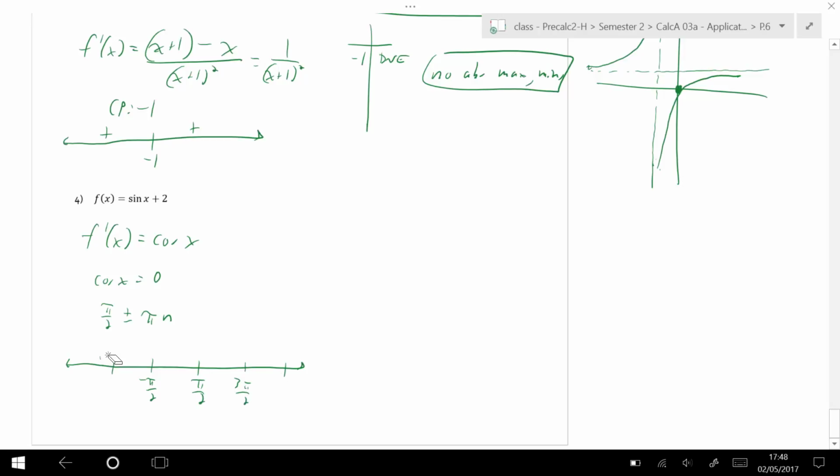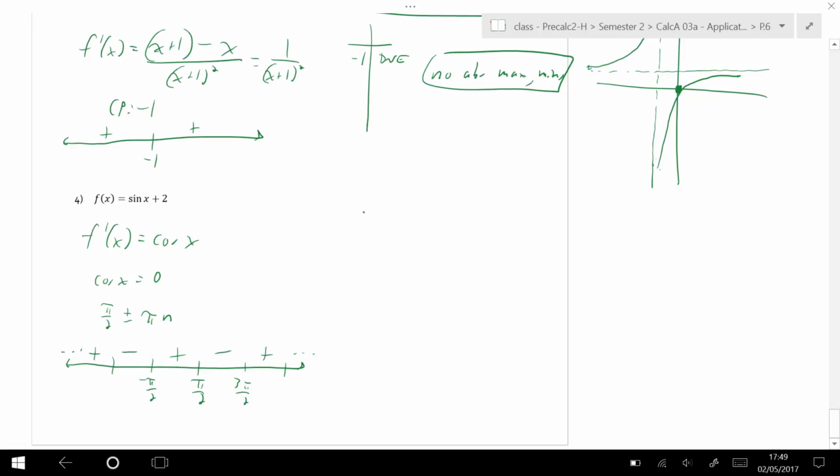And if I try to figure out where cosine is positive, it's positive between negative pi over 2 and pi over 2: negative, positive, positive, negative. It's going to keep going like that in both directions. Oops, I did not alternate those correctly: minus, plus, there we go.